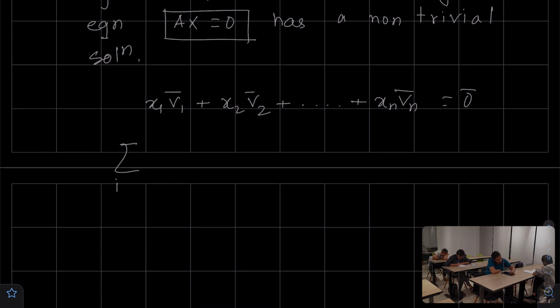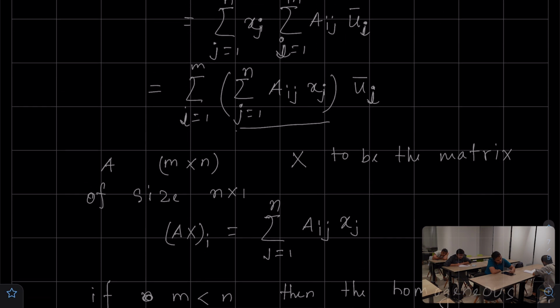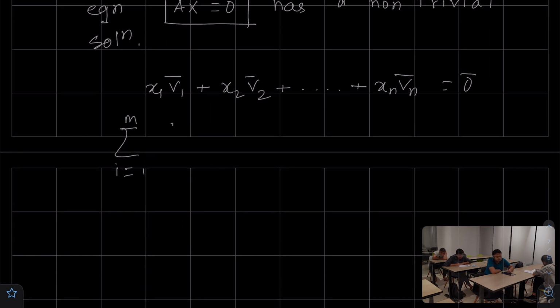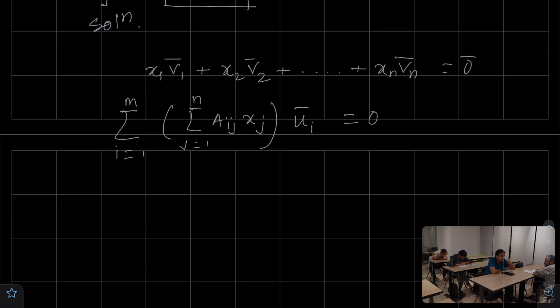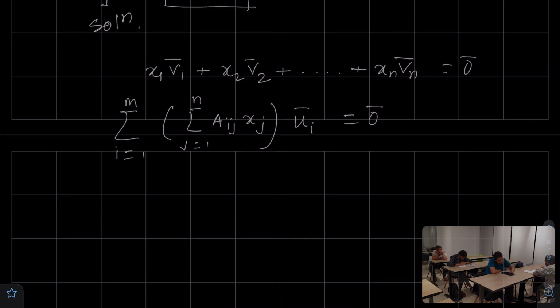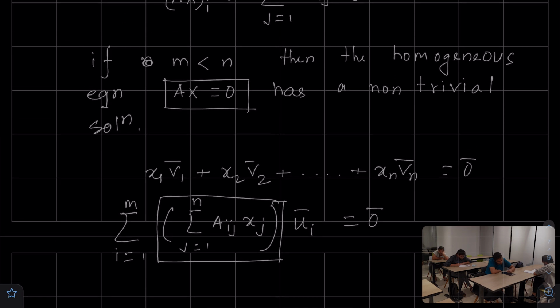So if I set x1 v1 plus x2 v2 plus xn vn equal to 0 vector, then the summation over i equals 1 to m and j equals 1 to n of aij xj with ui vector is also equal to 0 vector.